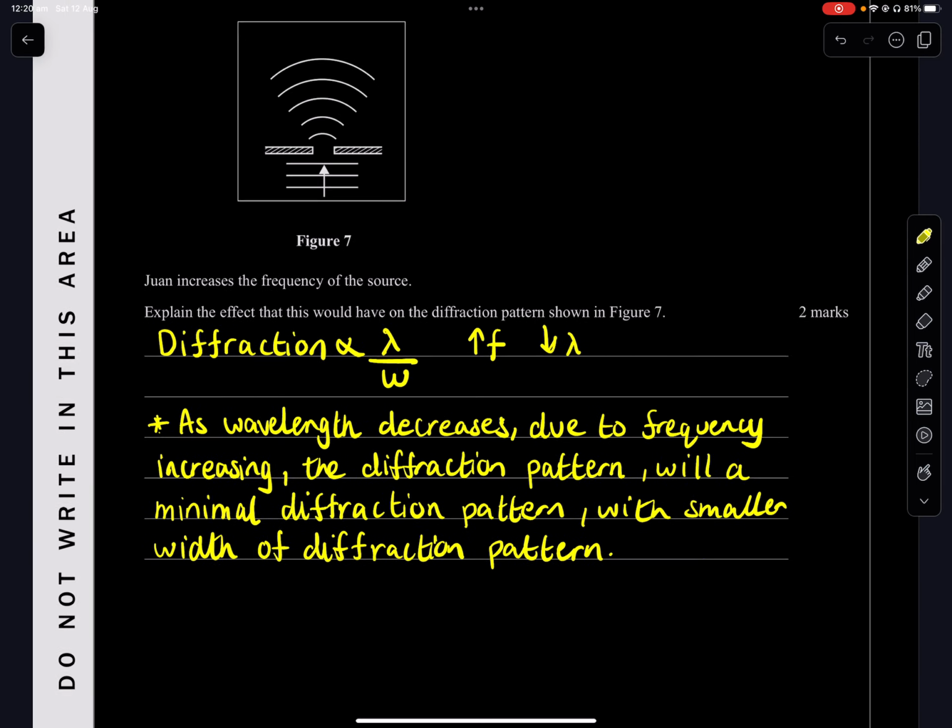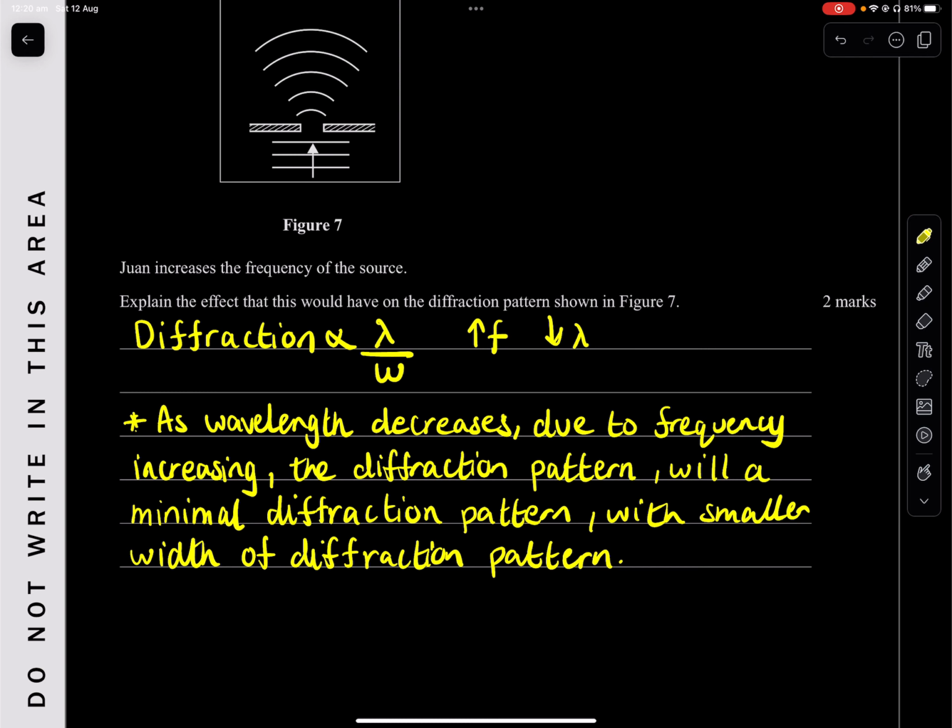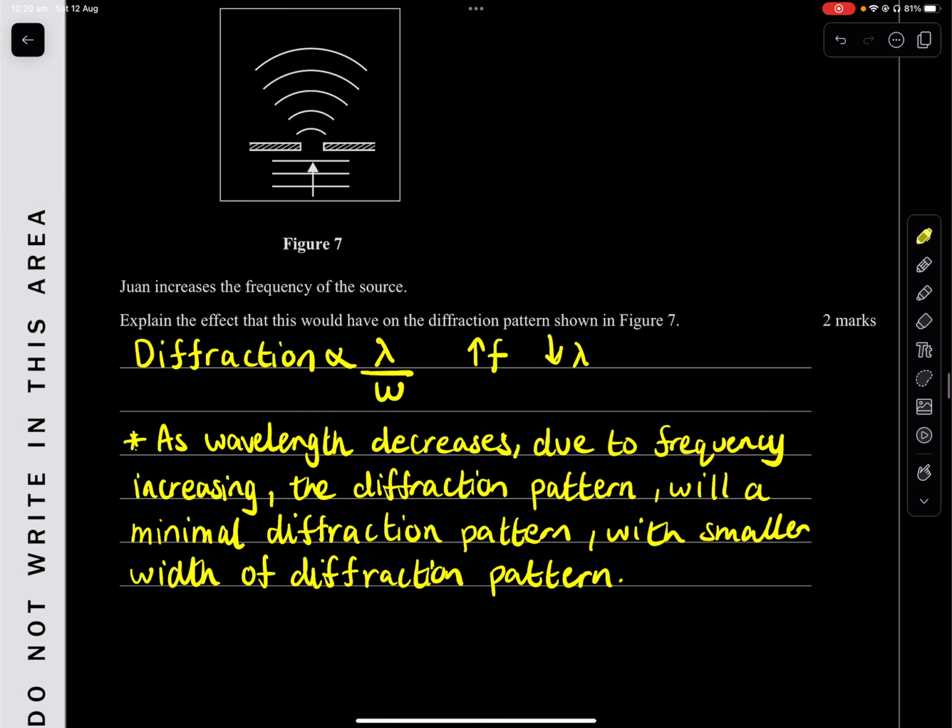Is that right? So as the wavelength decreases due to the frequency increase, the diffraction pattern will have a minimal diffraction pattern with a smaller width of diffraction pattern.